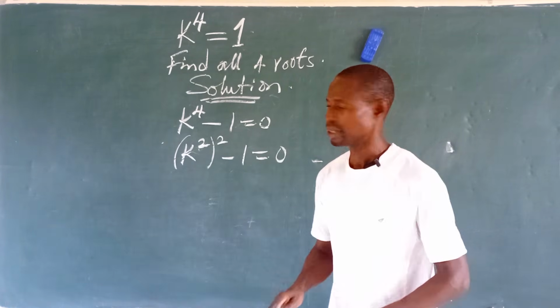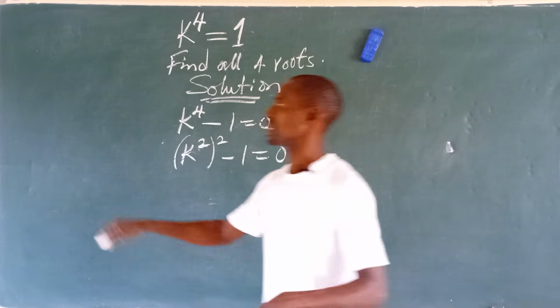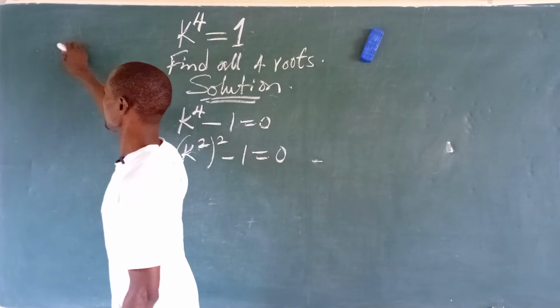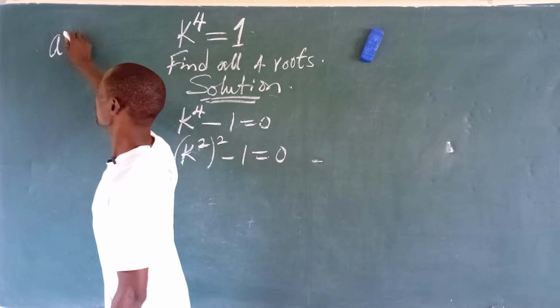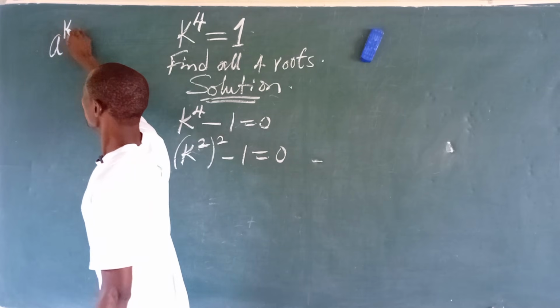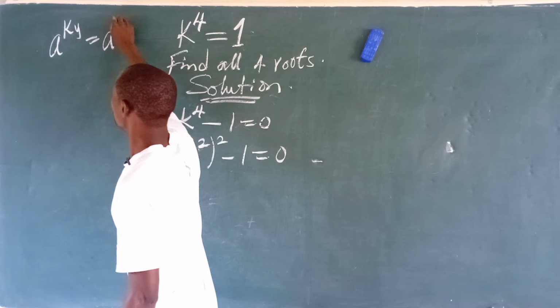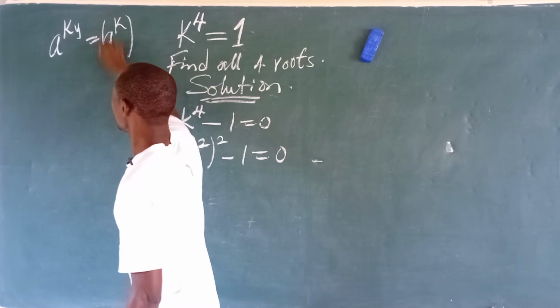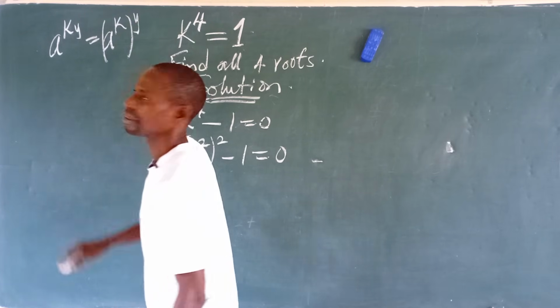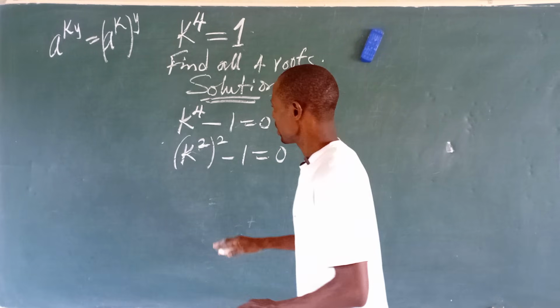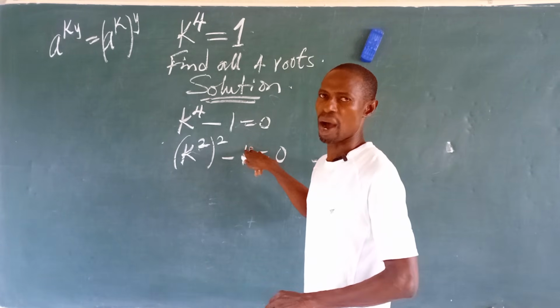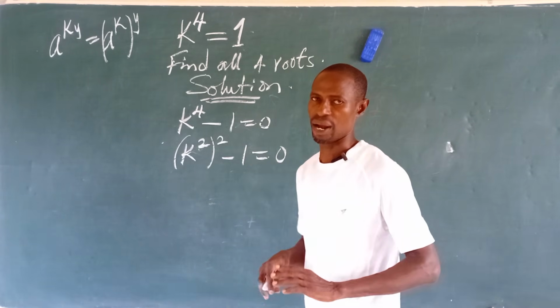Right? Good. The law I just applied is the law of indices, which says that if you have a raised to the power of k y, this is equal to a raised to the power of k, in bracket, raised to the power of y. So here, this is to the power of 2.